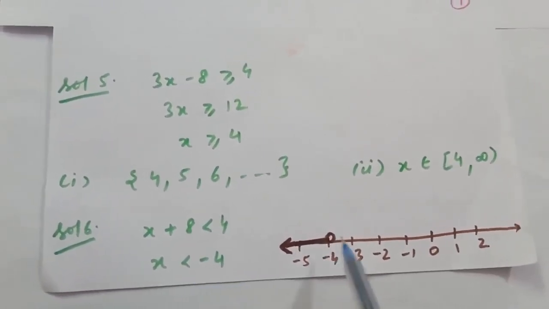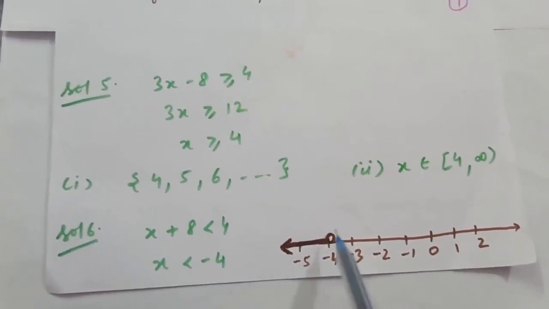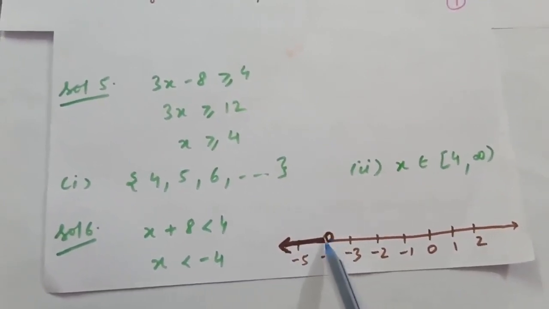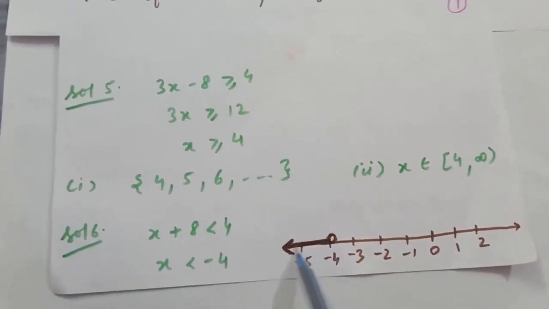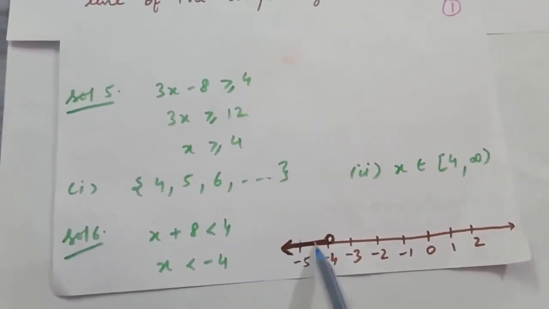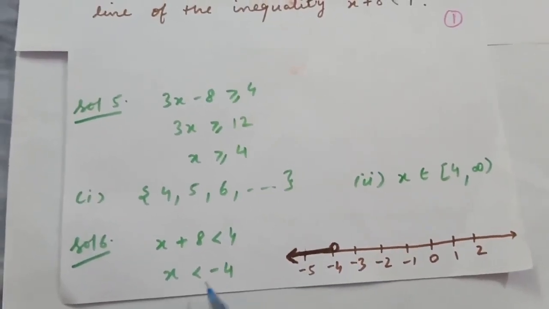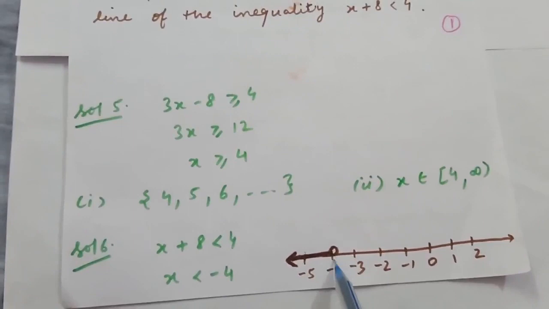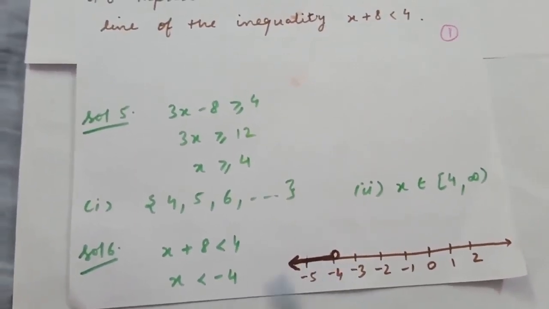So the solution will be, this is the number line. As equality is not there, an empty circle will come, and x is less than minus 4, which will be on this side. So darken this line and here an empty circle will come, right, because equality is not given. So this is the representation of the solution on the number line.